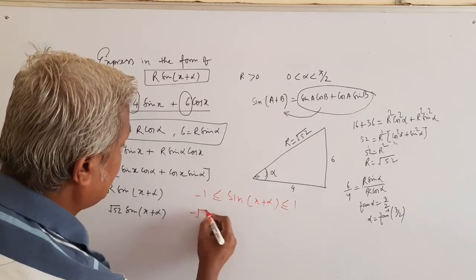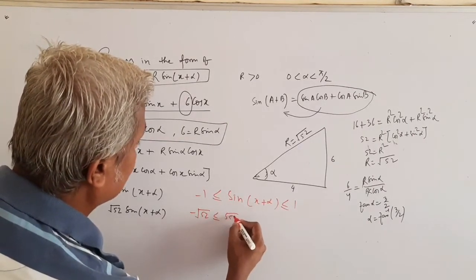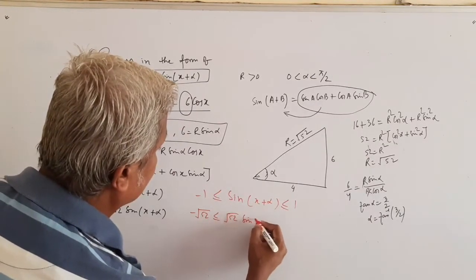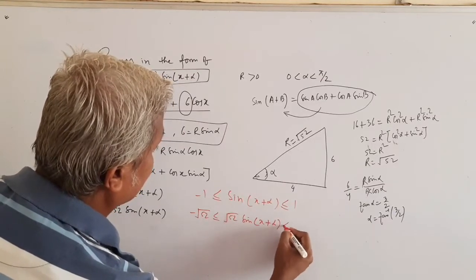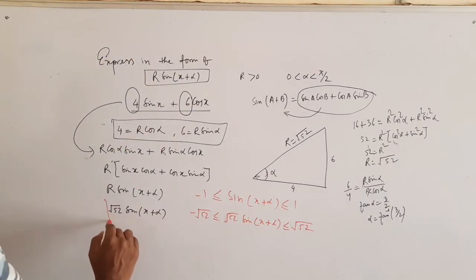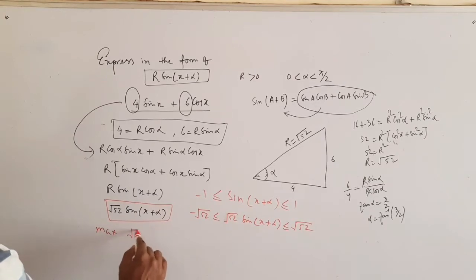So this will become minus root 52 less than or equal to root 52 sine x plus alpha less than or equal to under root 52. Means the maximum value of this expression is under root 52 and the minimum value is minus under root 52. Okay, so this is how this question can be solved.